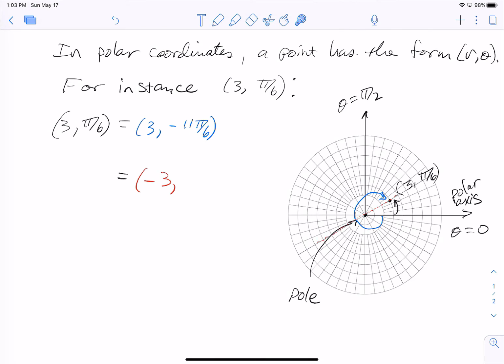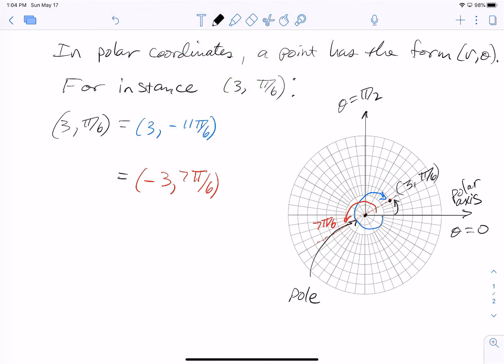And so if I want to refer to a negative 3, if the angle that I want to land on is pi over 6, I had to have come from an angle that's 180 degrees away. And that angle is 7 pi over 6. So the angle 7 pi over 6 is in the third quadrant. The negative 3 jumps it 180 degrees and puts it on the angle pi over 6. So the point (negative 3, 7 pi over 6) actually has the same location as (3, pi over 6).